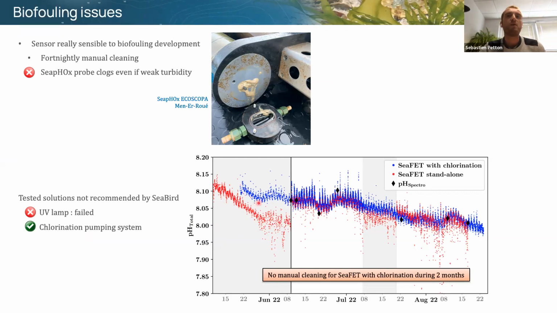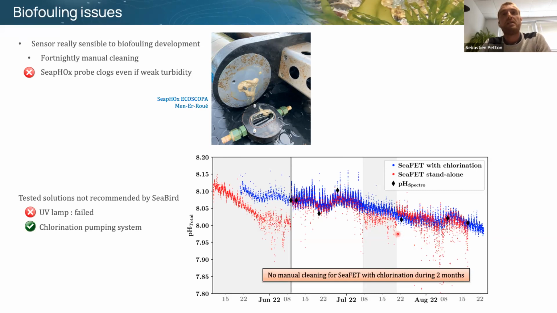There was no manual cleaning for the SeaFET with the chlorination during the 2 months of deployment. We did manual cleaning for the SeaFET in standalone mode, but we can see that there is no drift in the SeaFET with chlorination. So it's really encouraging, but we need to evaluate the long-term impact of the chlorination system on the ISFET. For now, it's still going on, and it's quite good. So we are quite happy with that.